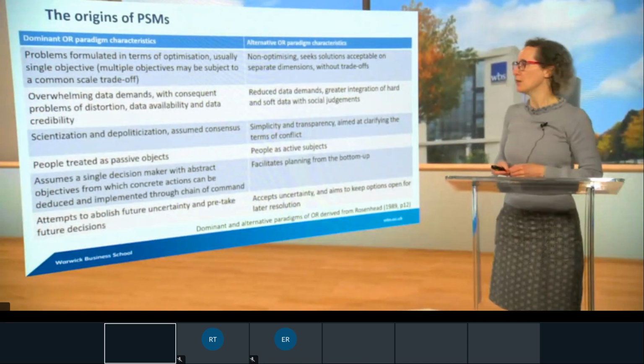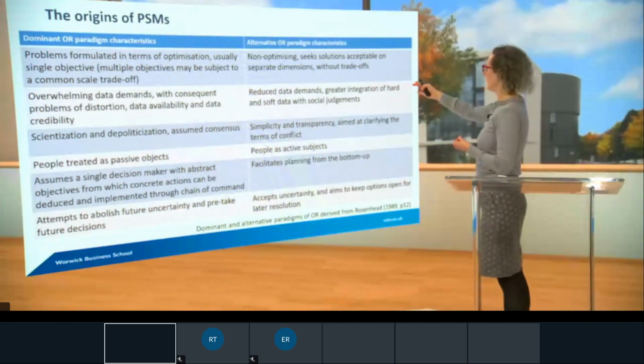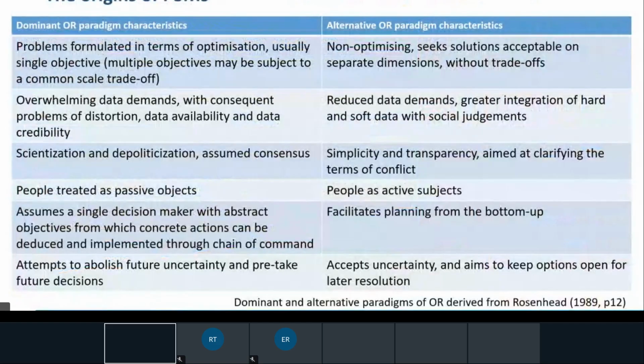problem. So PSMs are non-optimizing. We're looking at acceptable solutions. We have reduced data demands, and yet we are trying to integrate hard and soft data, often qualitative data, and social judgments, opinions, subjectivity.